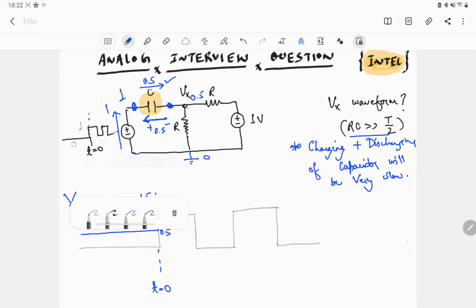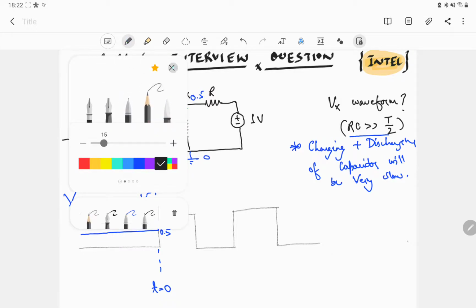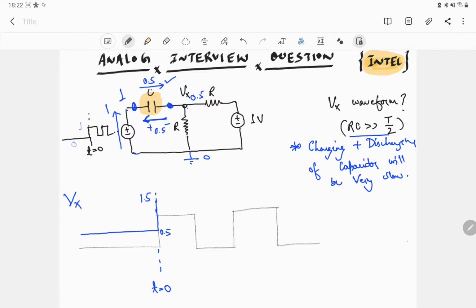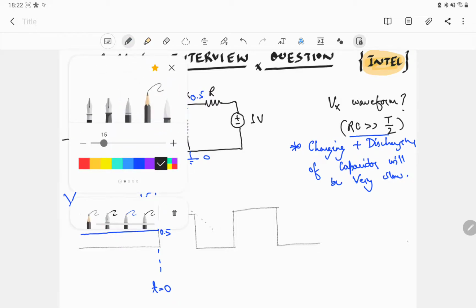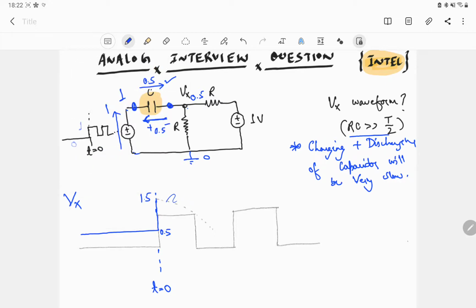So let's draw the waveform in pencil. It's 1.5, so it will try to go to 0.5 over here, but since we don't have this much time, it will go till there only. So let's suppose it has reached till 1.1 volt.